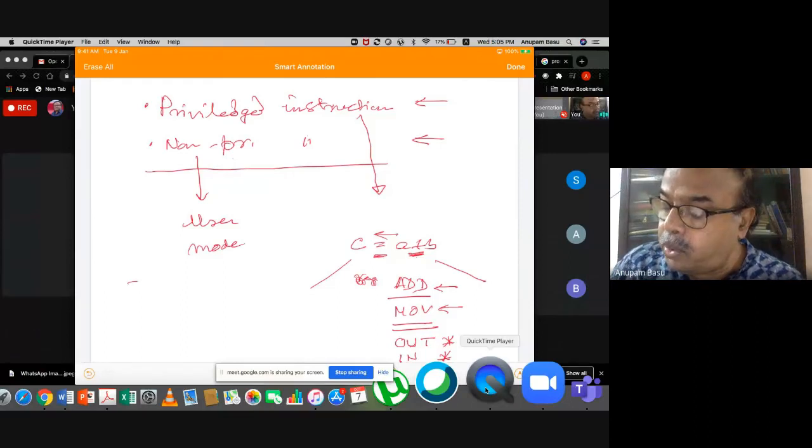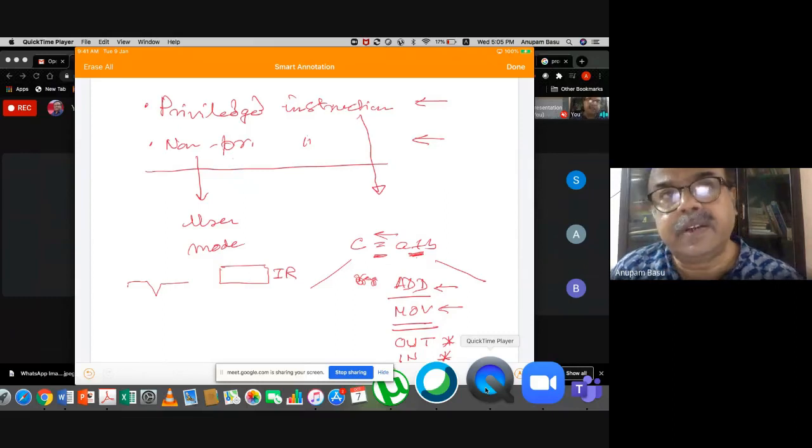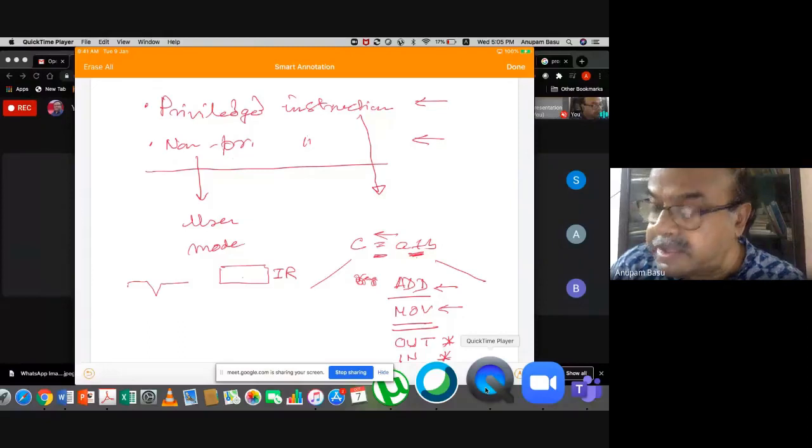Now, when the instructions are being executed by the CPU, if you recall your computer organization and architecture class, before the instruction comes to the ALU, it comes to the instruction register, right? The instruction is fetched into the instruction register and that is decoded. You remember this small little diagram?